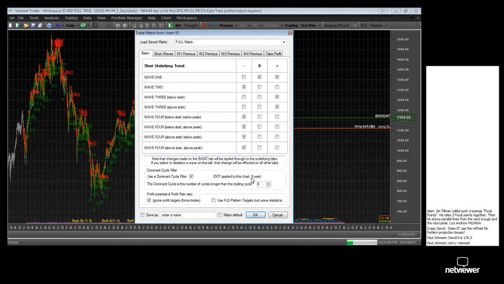So it's a filter that you can use to basically filter out the dominant cycle. Let me show it to you again. So in this case, I would say that I wanted to apply a dominant cycle filter, which is, this doesn't have a nominal model that includes the 6-year cycle, but it would be 5 or 6 cycles longer than the trading cycle.